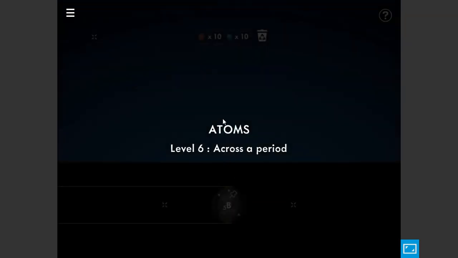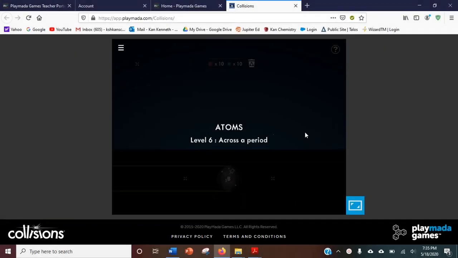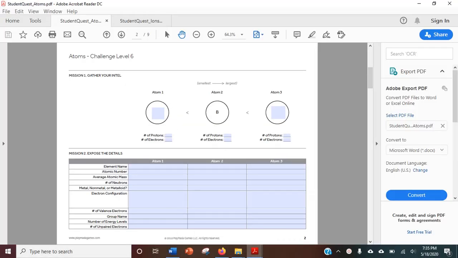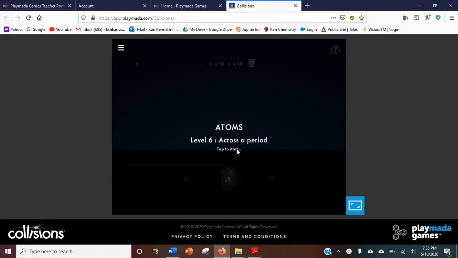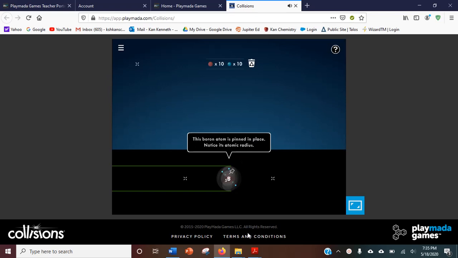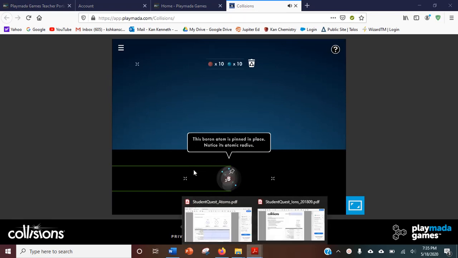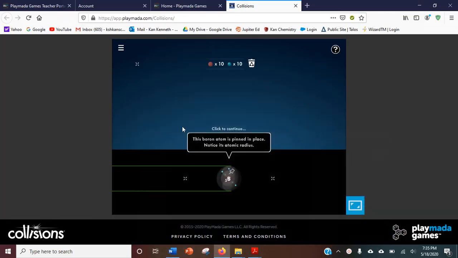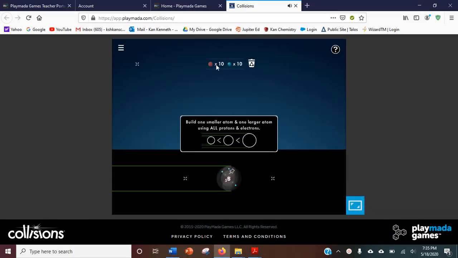Okay, now we're on challenge level 6. This is where we can start entering stuff for our challenges. Now for atom 1, we gotta make boron. Boron is already made. Now you gotta make an atom smaller than boron. We're given 10 protons and 10 electrons.